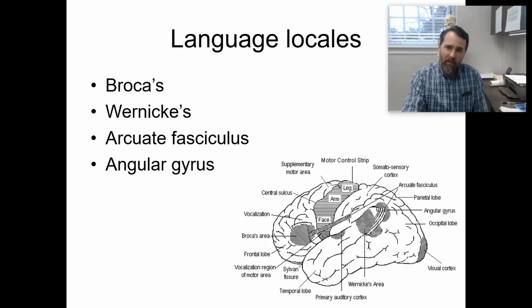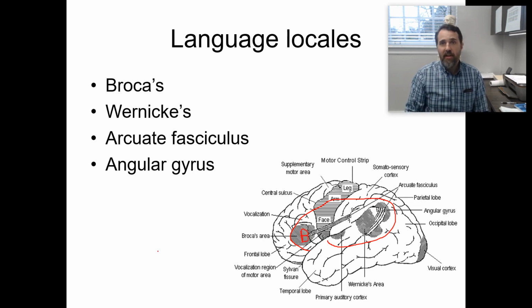All right, so let's review the zone of language. The zone of language is this medial lateral portion of the left hemisphere that encompasses all your primary language areas, like Broca's.